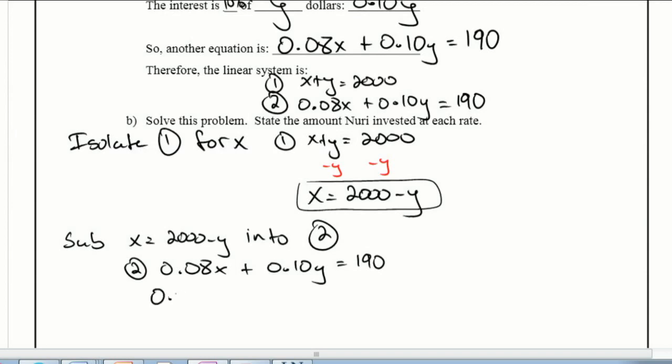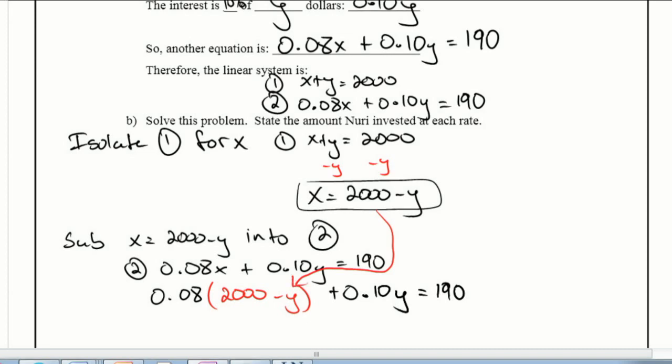So I'm going to get 0.08x, but I'm not going to put the x here because I'm going to substitute 2,000 minus y in for the x. Just rewrite everything else: 0.10y is 190. So I've taken the fact that x is equal to 2,000 minus y, and I've substituted it into my second equation.